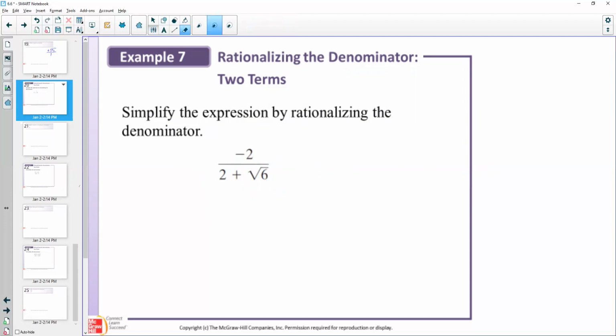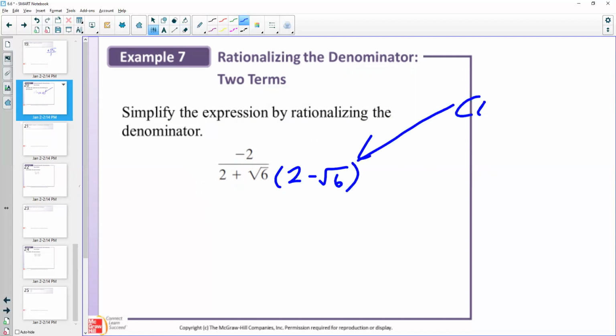We learned in an earlier section that I can make the middle terms drop away by using the same binomial with an opposite sign. This thing right here is called a conjugate. That is what we use to rationalize a denominator when it's got an addition or a subtraction sign.